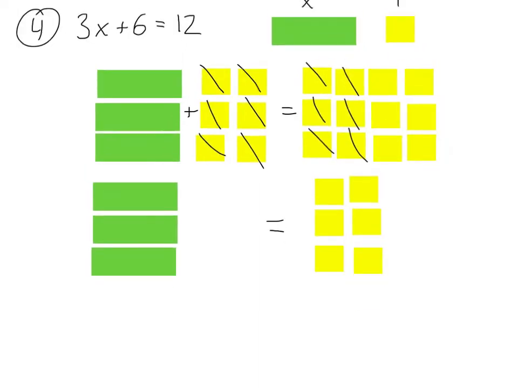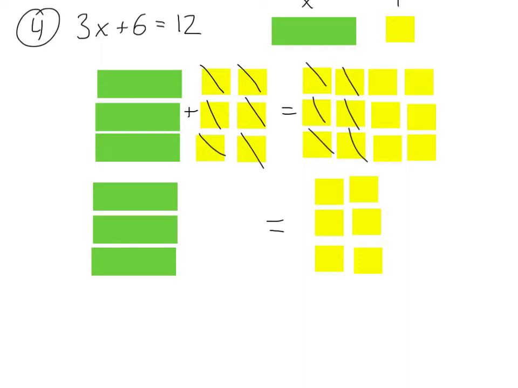So now you might be asking, how do we cancel things? You've got some greens and some yellows now, and I understand up here how we could cancel 1 yellow for 1 yellow and another yellow for another yellow and so on and so forth. But what about these? Well, maybe it's better not to think of canceling yellows and greens, but to ask ourselves, for every green tile, how many yellow tiles are there? Well, for every green, there are 2 yellows.